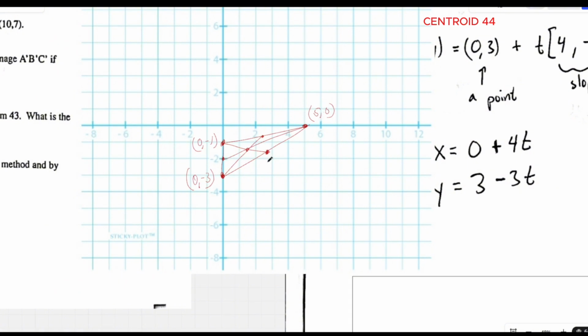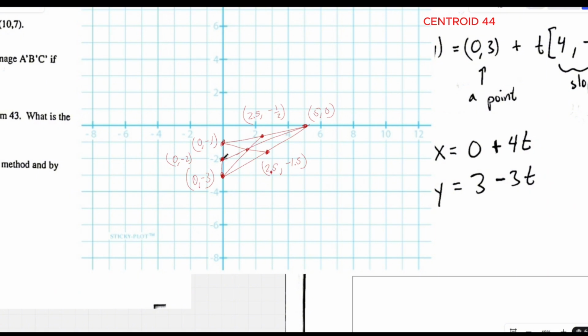So that's 2.5, negative 1.5, just taking the average of the x's and the average of the y's. This one is 2.5 again, makes sense, and negative 1/2. And this one, well, I can just read it. It's 0, negative 2.